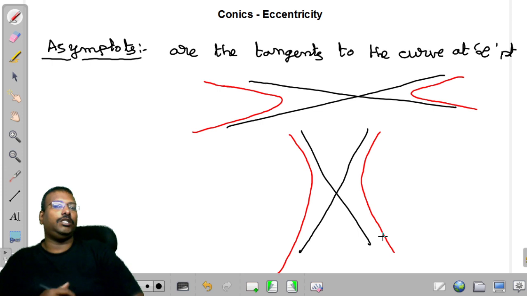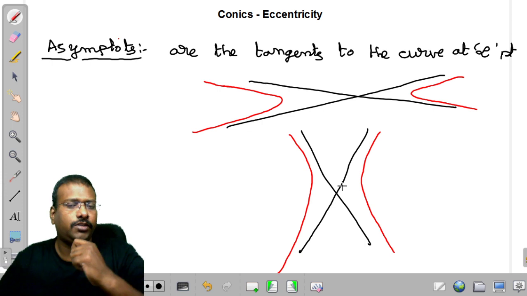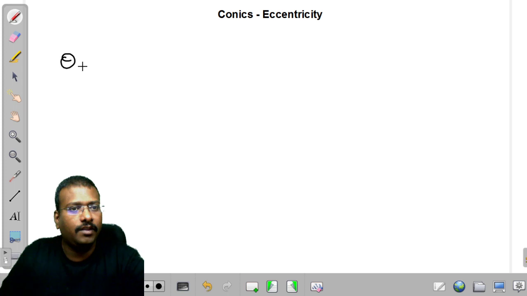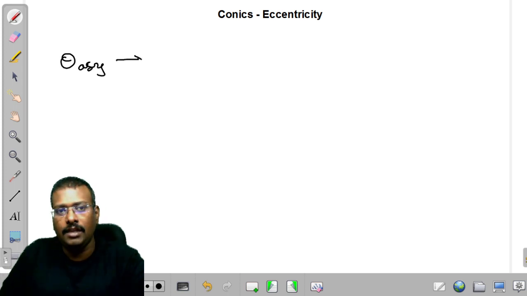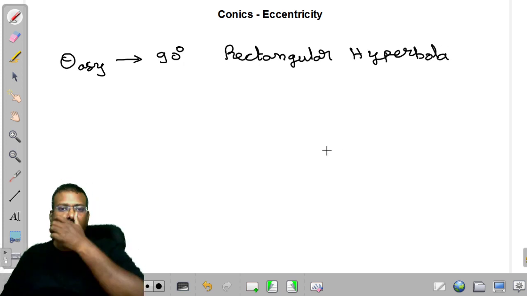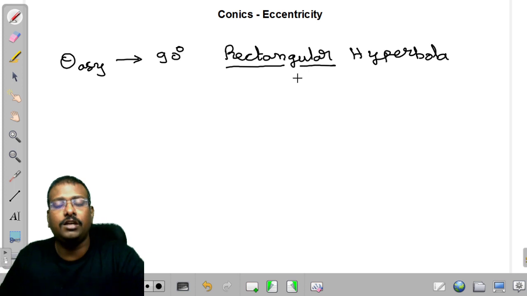But in one particular situation, whenever it is transferring from an acute angle to an obtuse angle, at one particular stage when theta is equal to 90 degrees, the asymptote angle reaches 90 degrees, then it is called a rectangular hyperbola. Why is it considered rectangular? Because the angle between the asymptotes is 90 degrees. That is why it is considered a rectangular hyperbola.